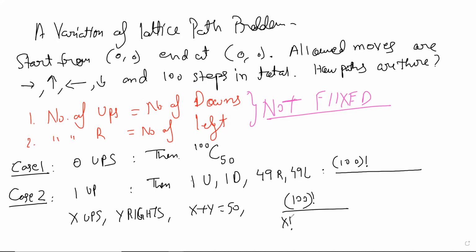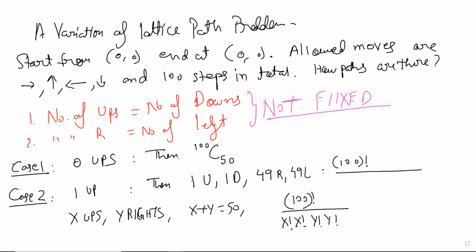But this is again just what we are seeing. So then it will be x factorial, y factorial, right? Because if x. No, both will have square. Why will it not have square?